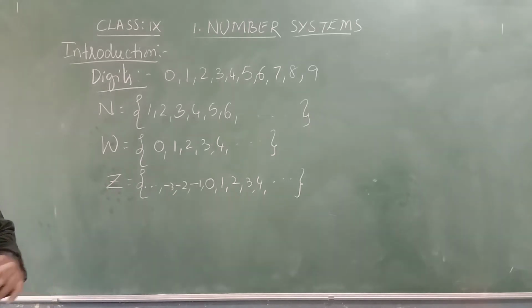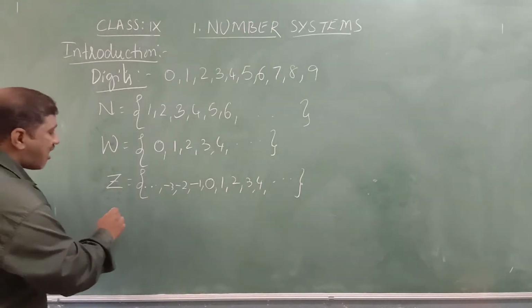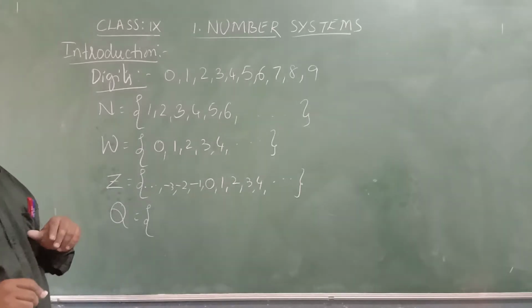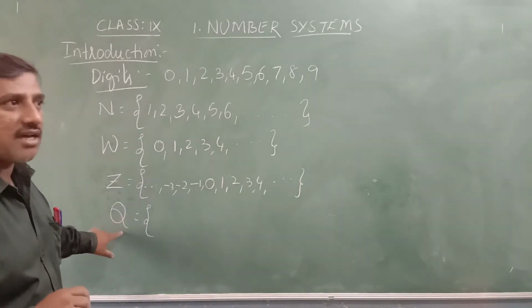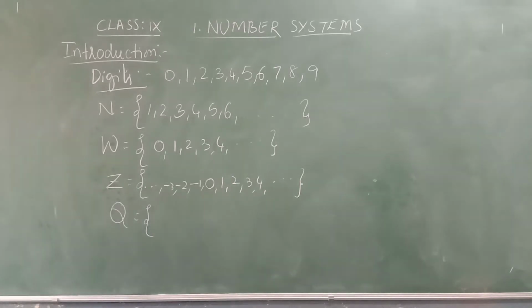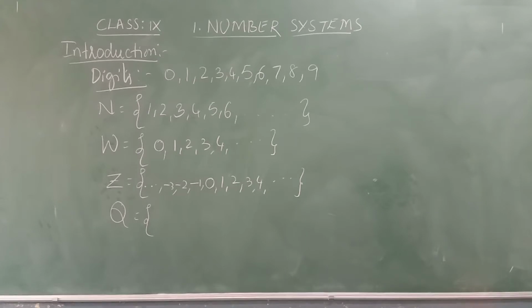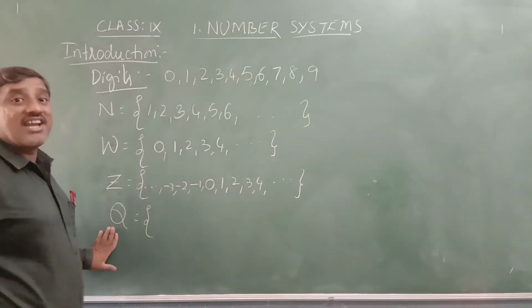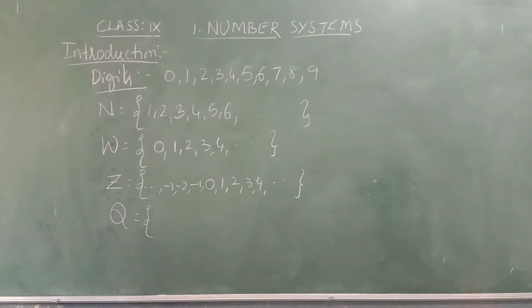The last set of numbers are rational numbers, represented with the letter Q. Rational numbers are also known as quotient numbers. What are rational numbers?